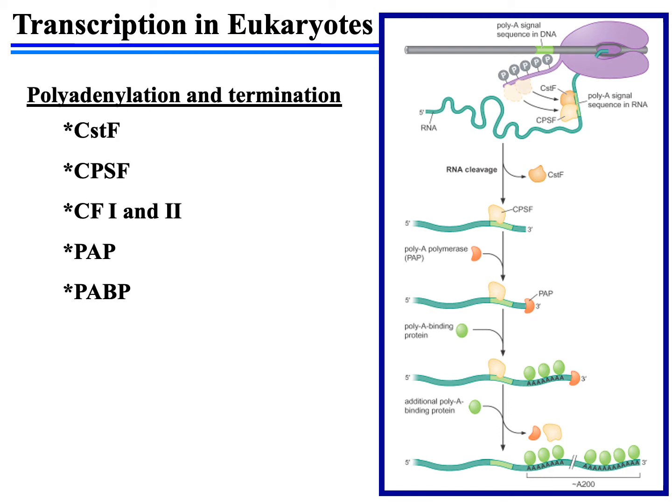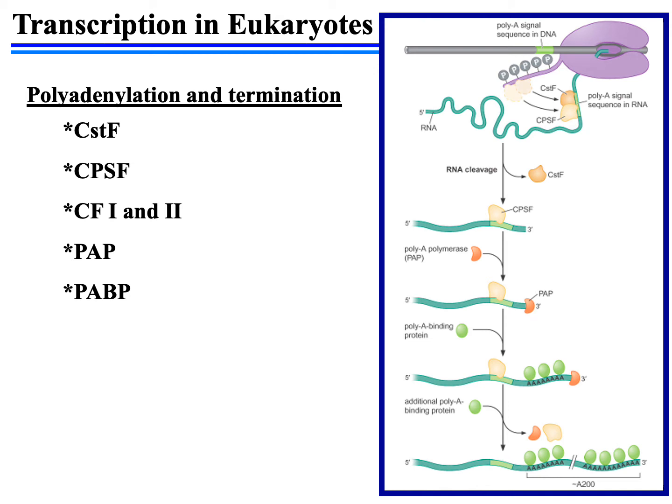So, as I mentioned in the previous slide, the transcription termination is coupled with the mechanism of polyadenylation. Very simply put, cleavage of the mRNA prior to termination occurs, followed by polyadenylation of the 3' end. But again, these two things are coupled or go hand in hand.